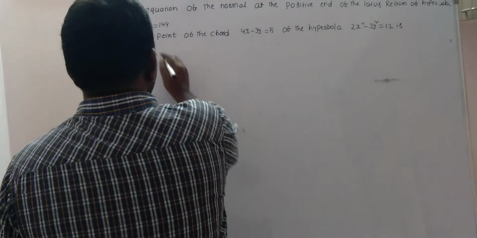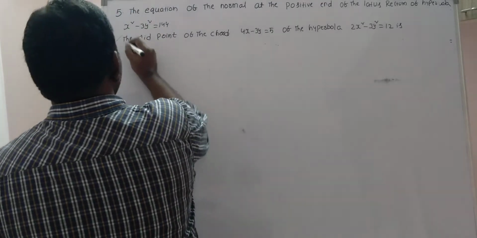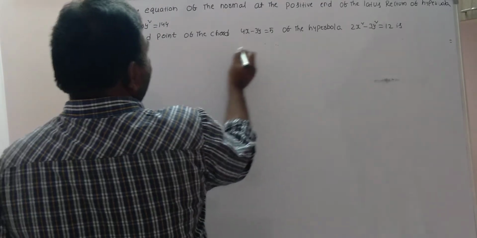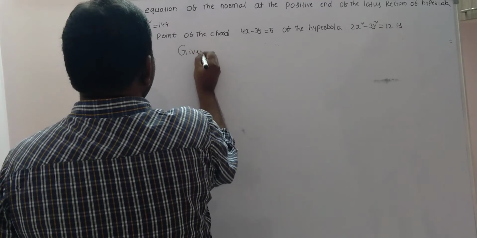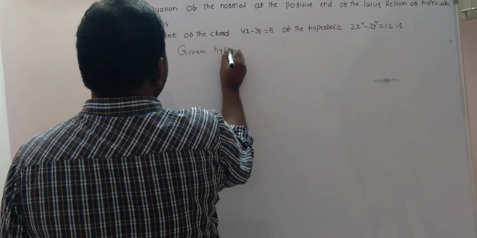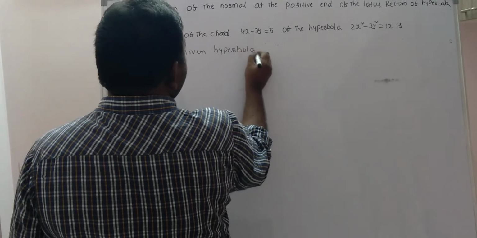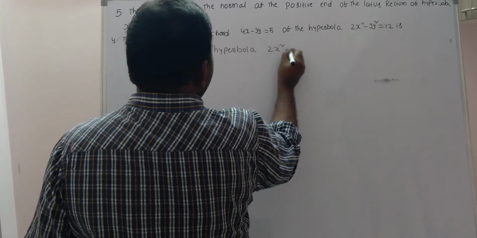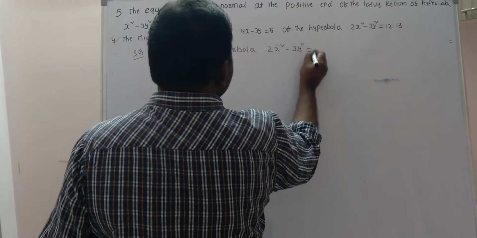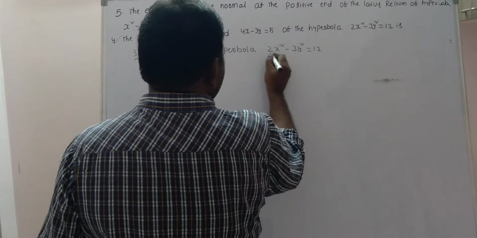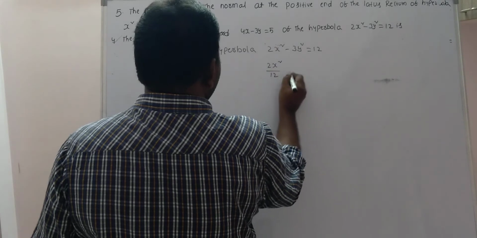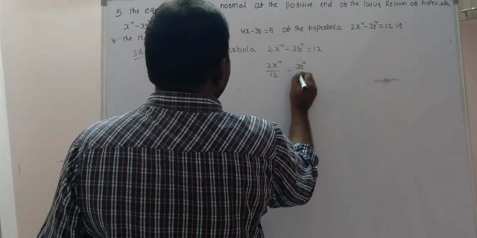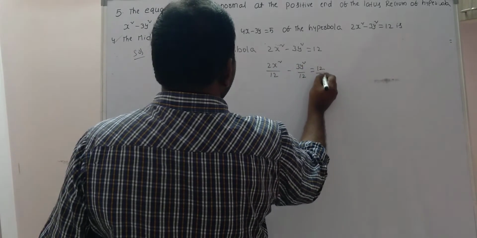Here we find the solution. First of all, given hyperbola 2x square minus 3y square is equal to 12. Divide both sides by 12: 2x square by 12 minus 3y square by 12 is equal to 12 by 12.